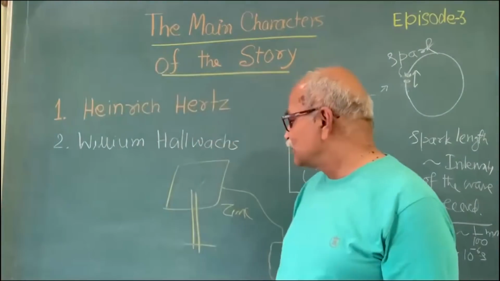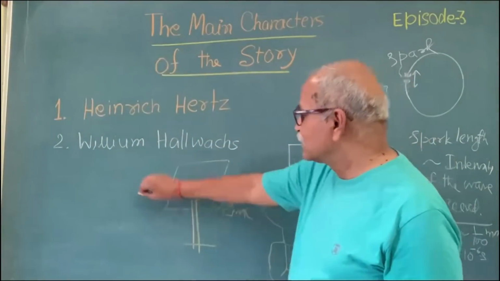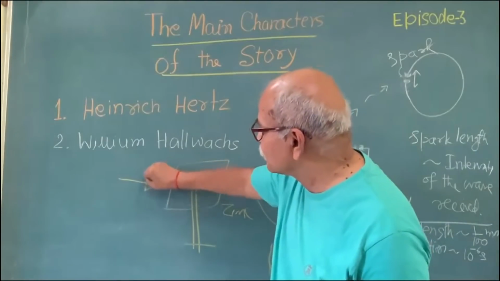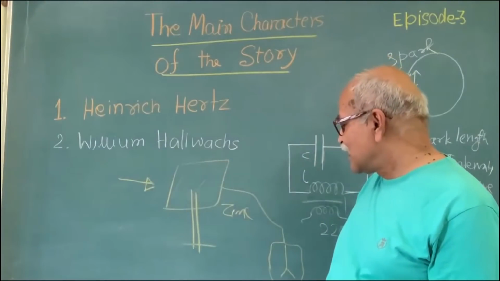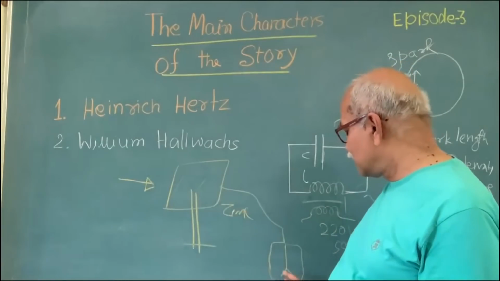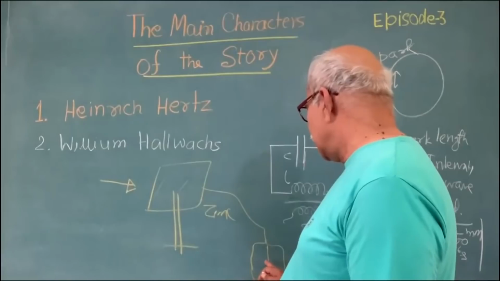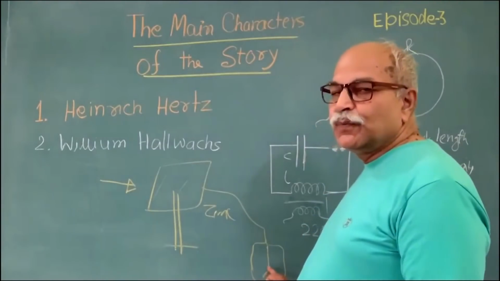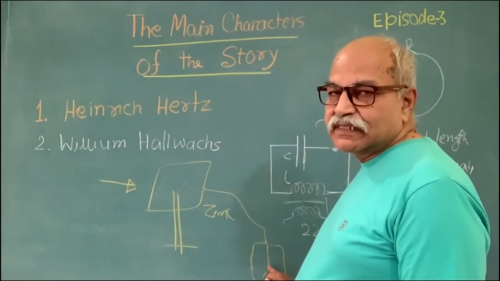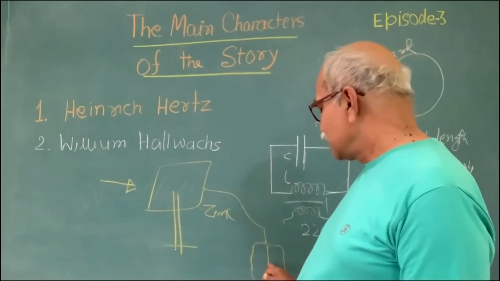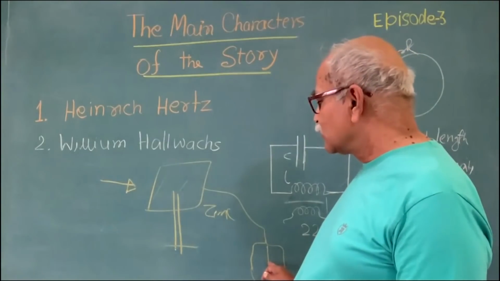Then UV light is thrown on the plate, and he sees what happens to this electroscope. The first part is that he charges the electroscope with negative or positive electricity. And how do you charge the electroscope?